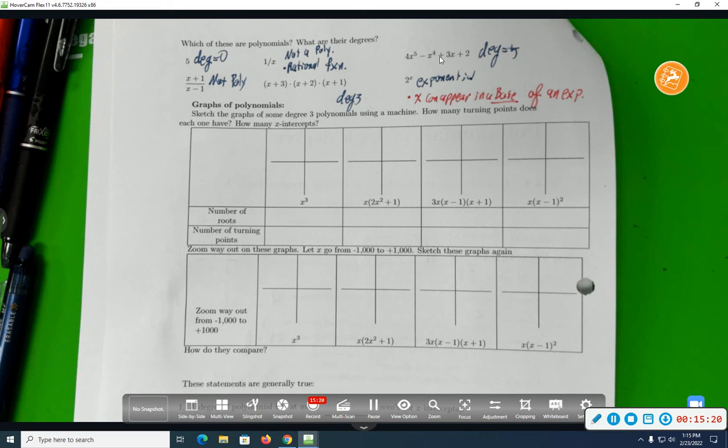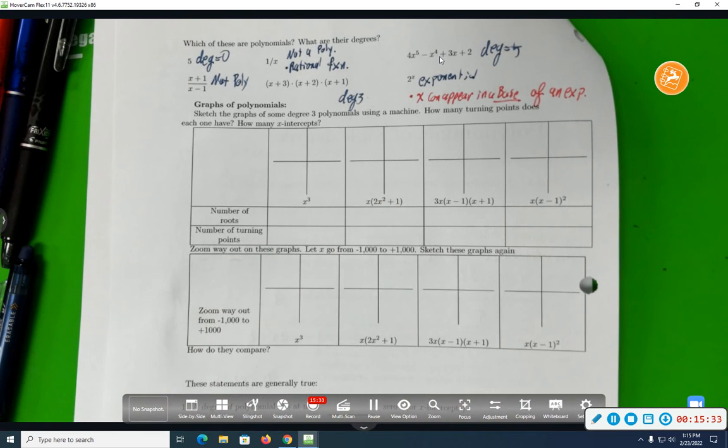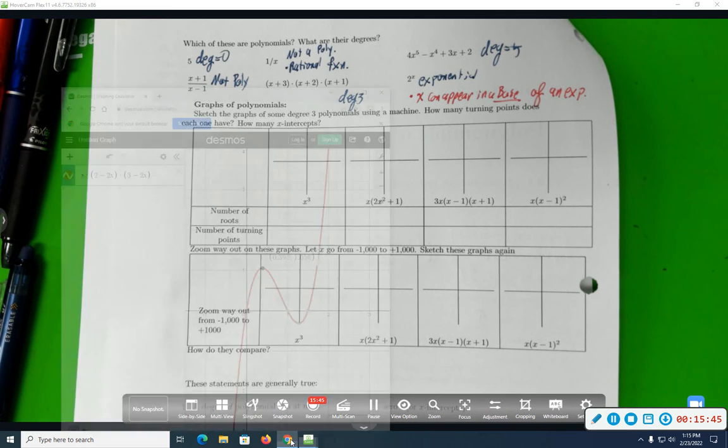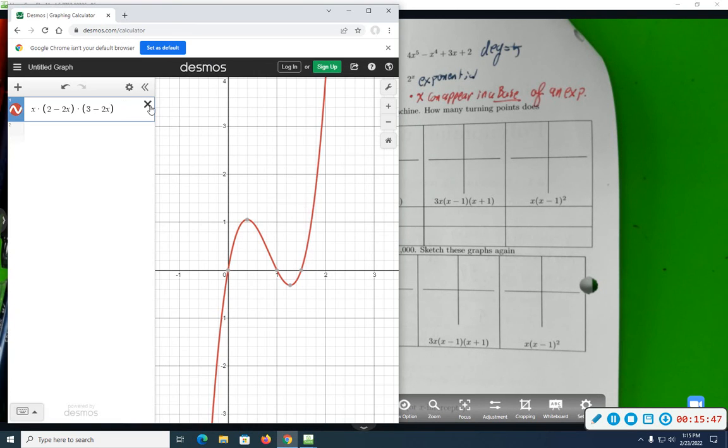Now that we have some classification, by the way, all of those things that aren't polynomials are things that we will study in the not too distant future. But let's focus on some degree 3 polynomials. Let's start by looking at their graphs, and we'll talk about some properties of them. Stick with Desmos.